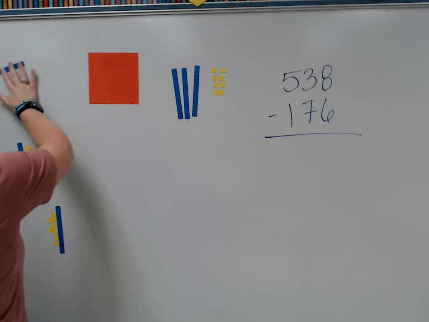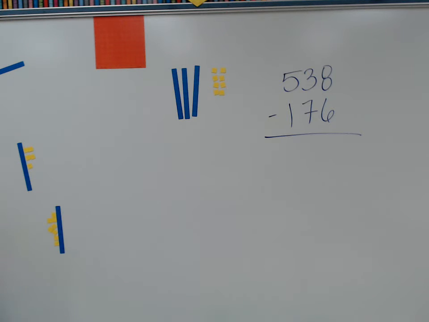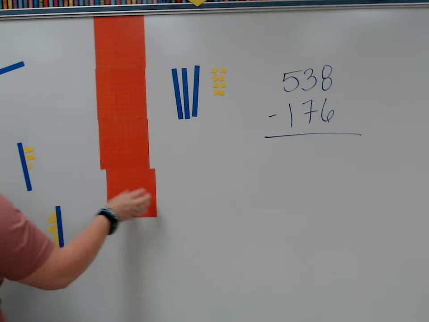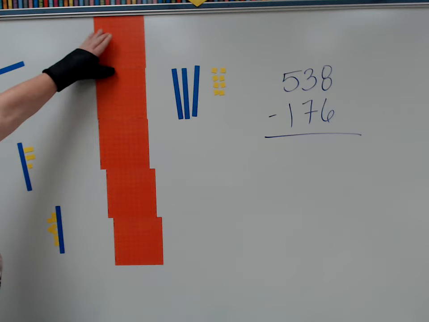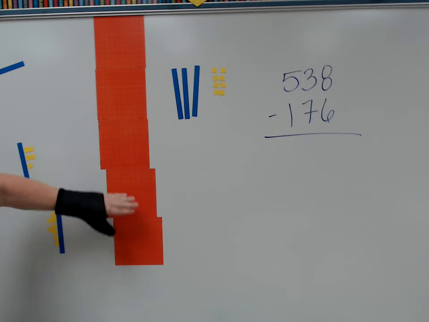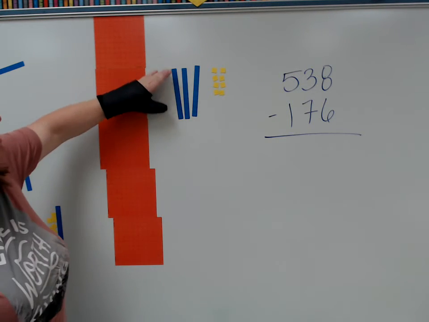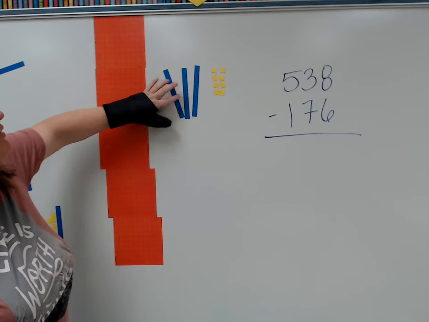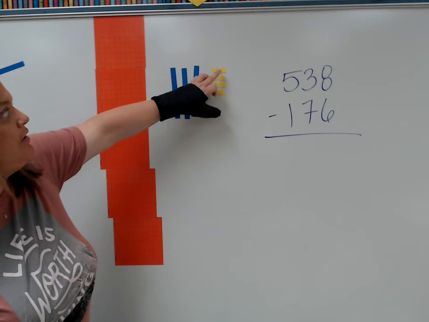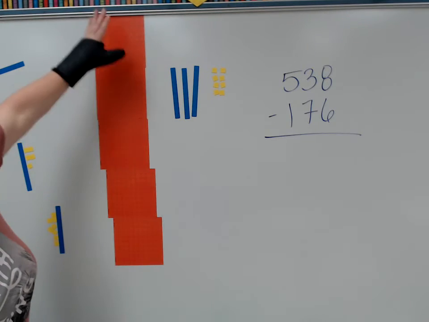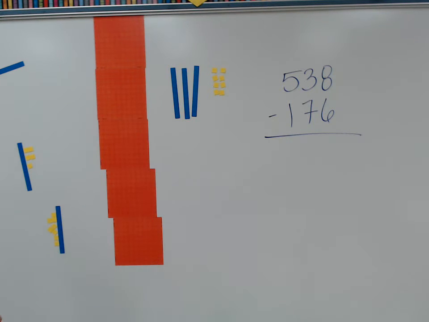This is going to take a lot of space. 1, 2, 3, 4, 5. All right. So I have 100, 200, 300, 400, 500, 510, 520, 530, 531, 32, 33, 34, 35, 36, 37, 38. So 538 is represented right here.